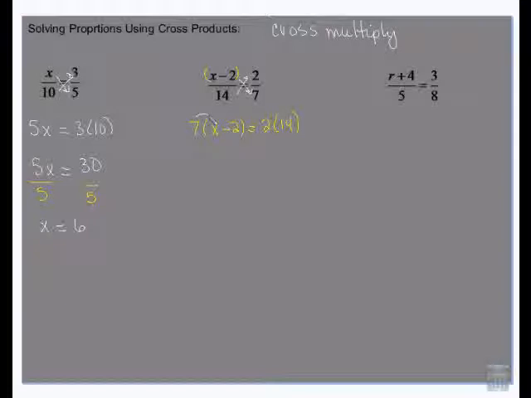So I'm going to distribute that 7. 7x minus 14 is equal to 28. Add 14 to both sides. 7x is equal to 42. Divide by 6.